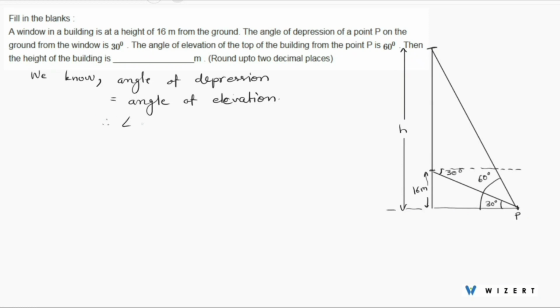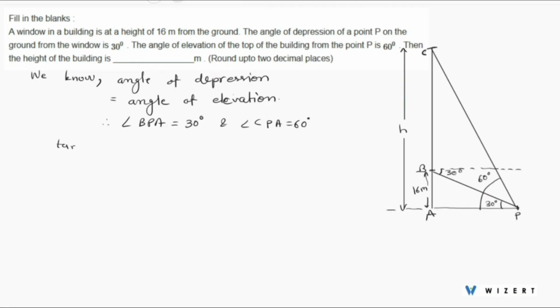Therefore, let's call it A and let's call this point B. Therefore angle BPA equal to 30 degrees. Also let's call this point C, and angle CPA equal to 60 degrees.